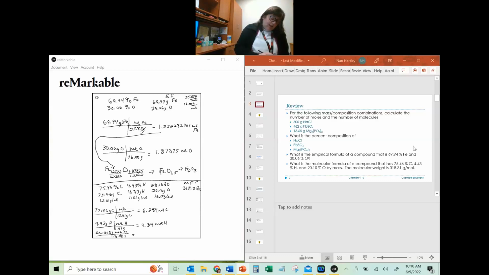And then 20.10 divided by 16, which is 1.25625. And again, process is, then I write carbon 6.284, hydrogen 4.34, oxygen 1.25. I will divide them all by the oxygen, because that's the lowest number.